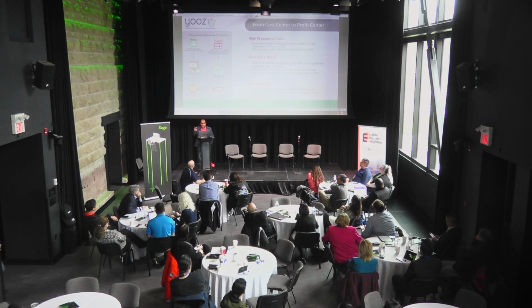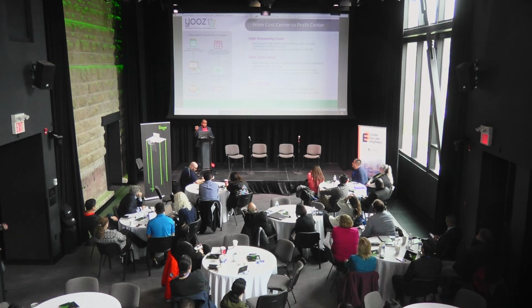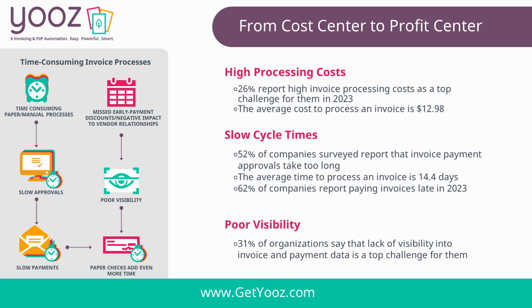That has to do with maybe late payments, making duplicate payments. There's just a lot there. I've also seen it as high as $18, but I've seen it as low as $7 and some change as well. Below that, we've seen 52% of companies surveyed report that invoice payment takes too long.